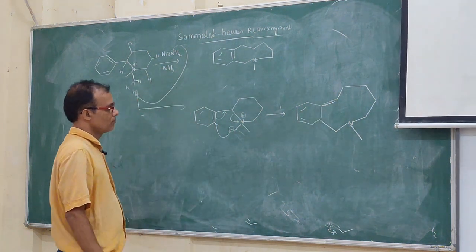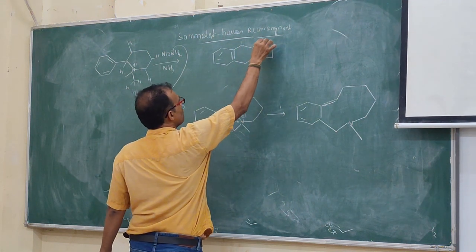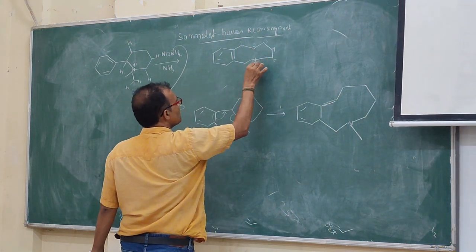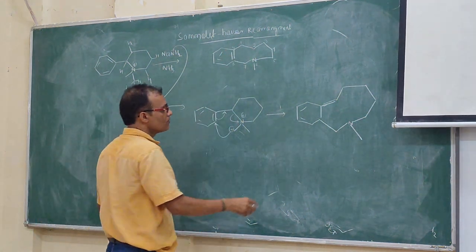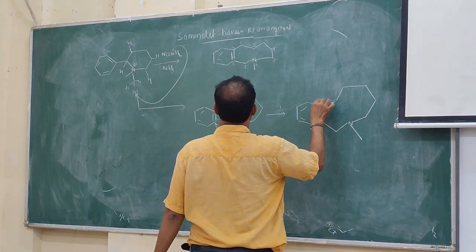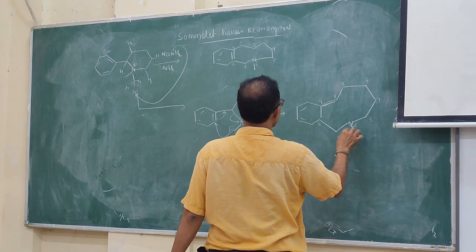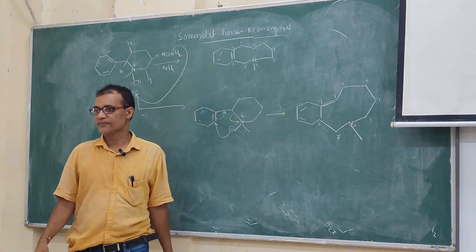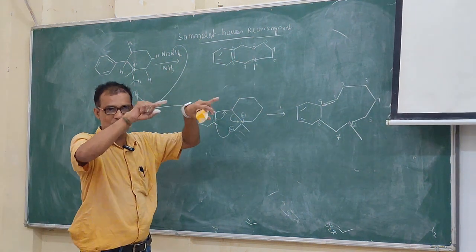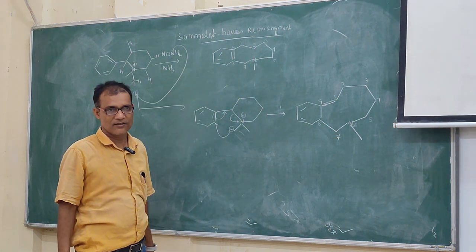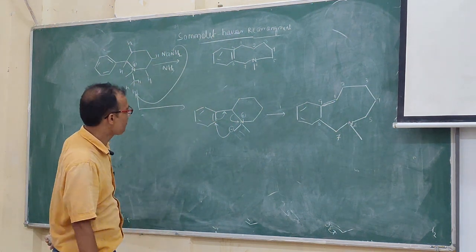Totally, how many members does this one have? 1, 2, 3, 4, 5, 6, 7, 8, 9 members. Am I correct? So let us go: 8, 9, 1, 2, 3, 4, 5, 6, 7. Yes. I just wrote it in a zigzag way. This is one of the GATE questions from some year. I don't remember.